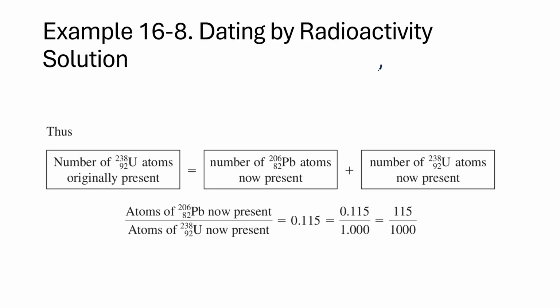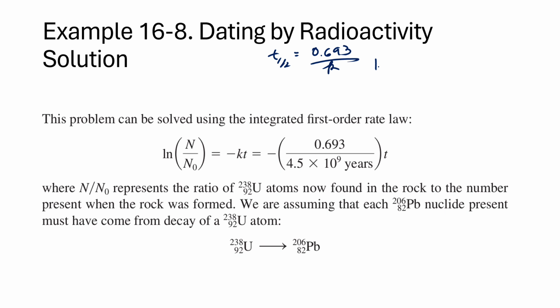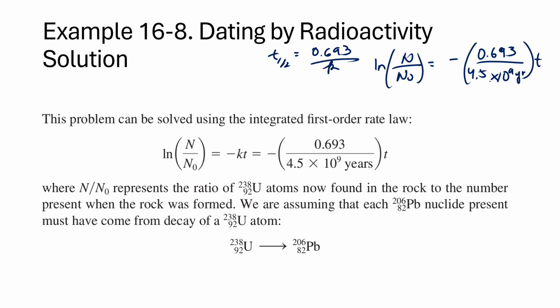So you have ln n over n naught is equal to negative kt, which is negative 0.693 over the half-life, which was given as 4.5 times 10 raised to 9 years. Then we have to look for n over n naught.